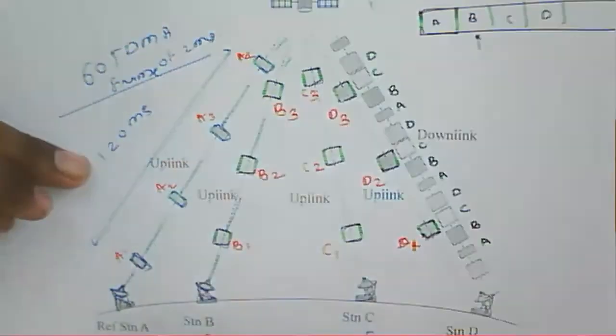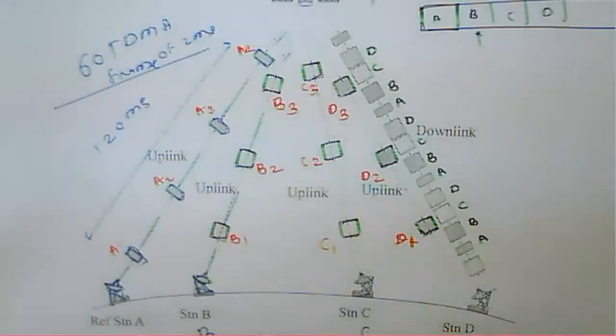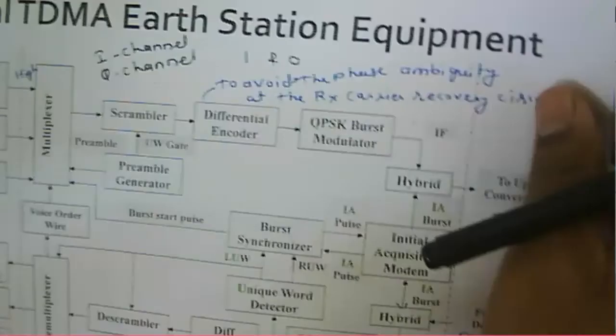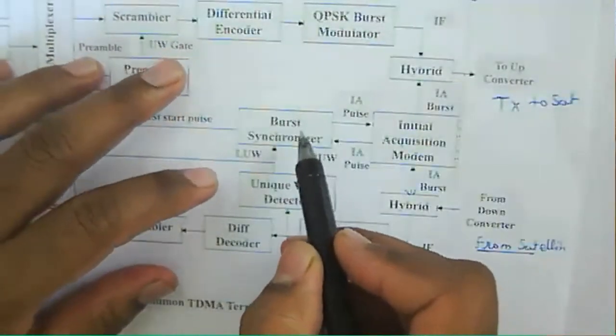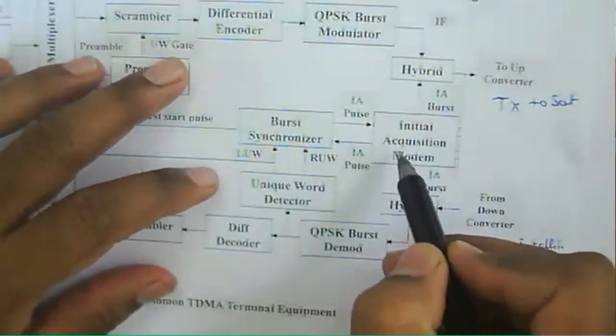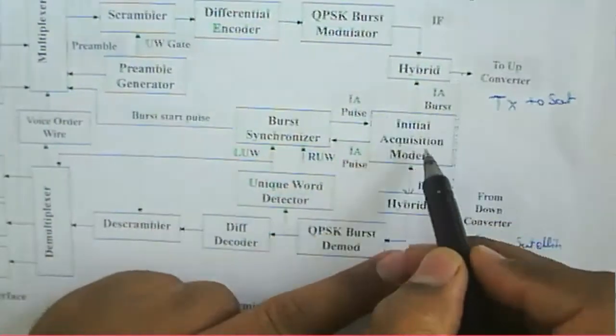So there won't be any overlap of the burst. That is about transmission data. So this one is about burst synchronization. Then what will be the components of this initial acquisition and the unique word detector, that we will see one by one here.